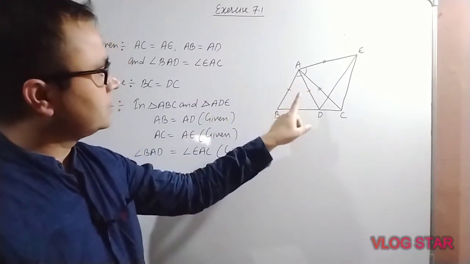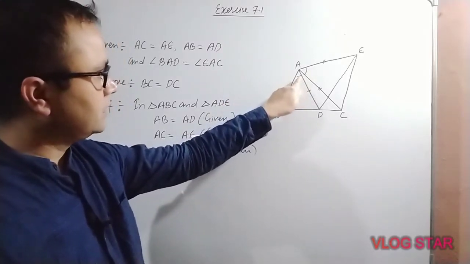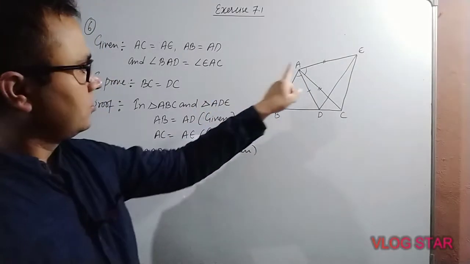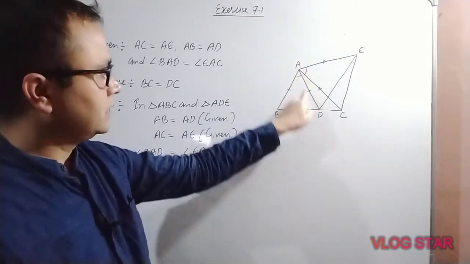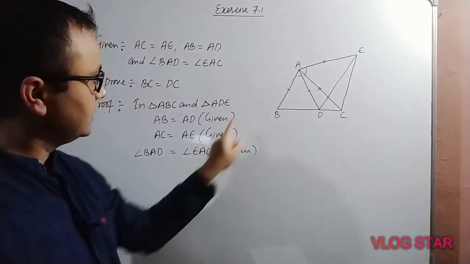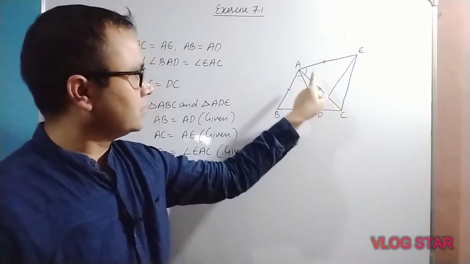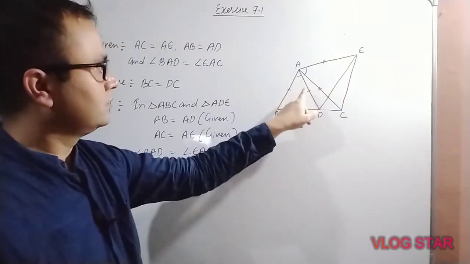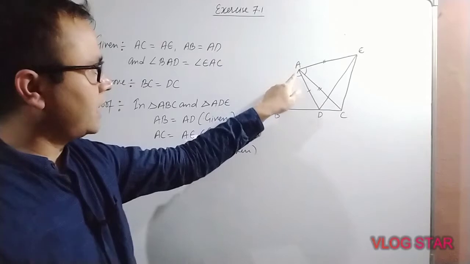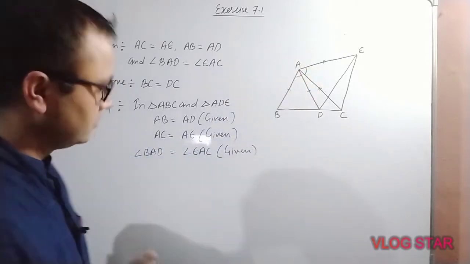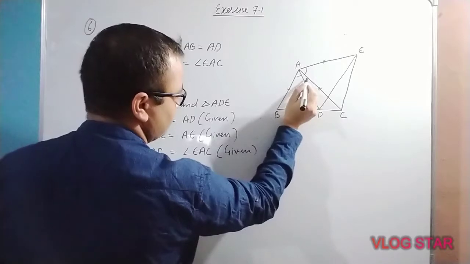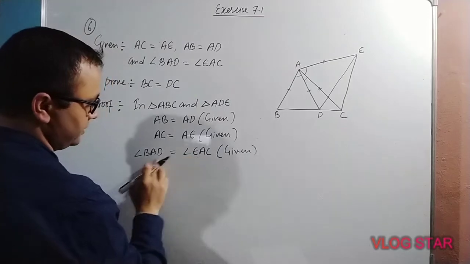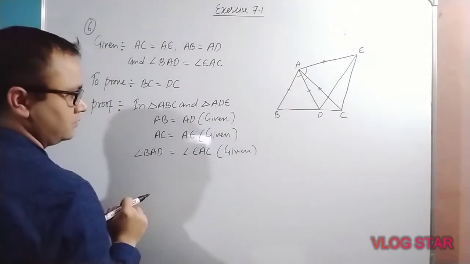We have to use the angles involved in triangle ABC or triangle ADE. EAC is also not involved in ADE. So we have to get the angles involved in triangles ABC and ADE. For this, we have to add an angle on both sides of this equation.